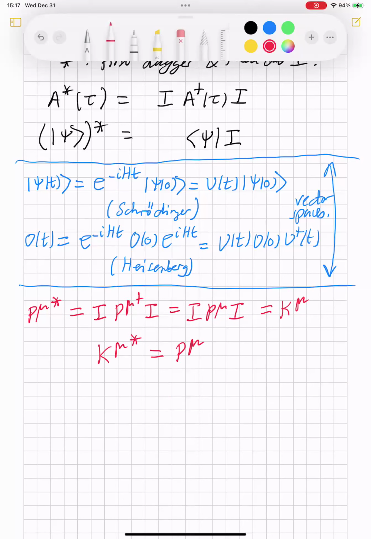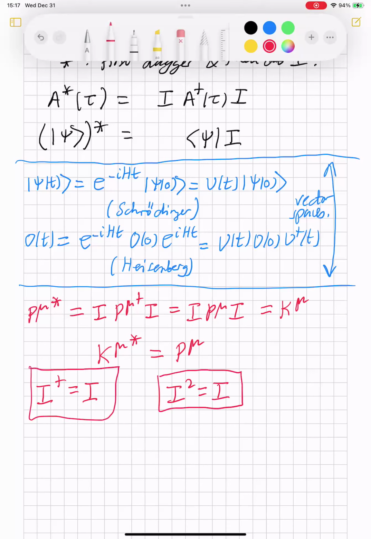Okay, another thing to say is that I dagger is just I. So this is a real transformation, so no difference between I dagger and I. And also I squared is equal to 1. So convince yourself of these two facts. These are two pretty fundamental facts about I, and we use them all the time.